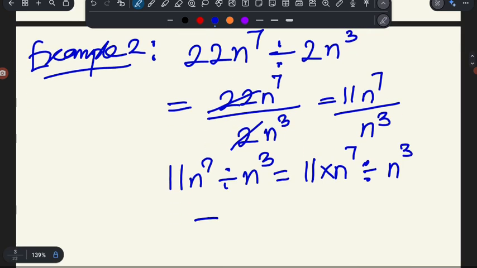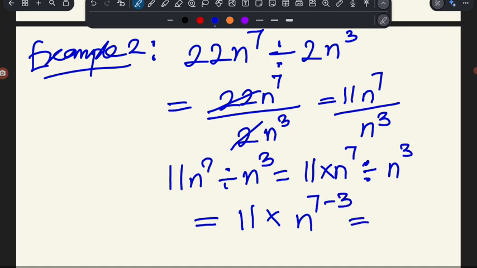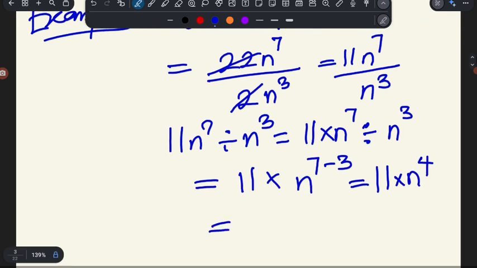Because the bases of n are equal, you choose only one n and have 7 minus 3, which gives 11 times n raised to the power 4. So 11n raised to the power 4 should be the answer.